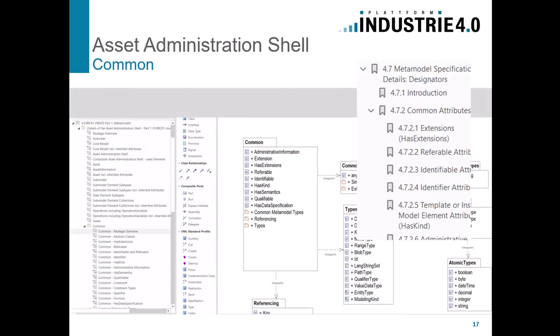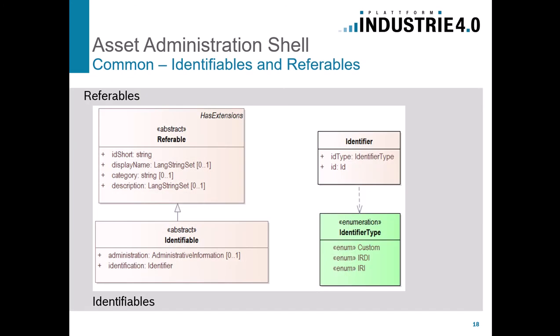So let's start with identifiables and referables. That's of course very important. Identifiables are elements that have a globally unique identifier. Here you see the identifier. An identifier is a pair of an ID, the ID itself, which might be an IRDI or an IRI, and the ID type. And then we have the referable.